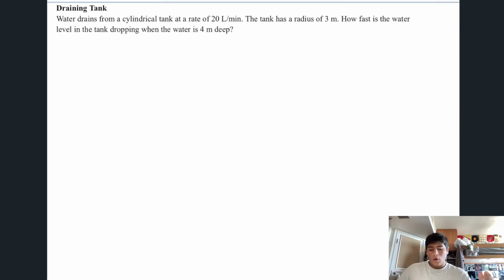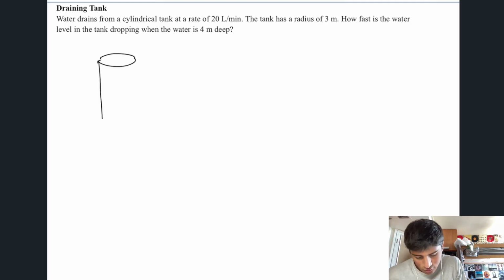Draining tank. Water drains from a cylindrical tank at a rate of 20 liters per minute. The tank has a radius of 3 meters. How fast is the water level in the tank dropping when the water is 4 meters deep? Okay, cylindrical tank.